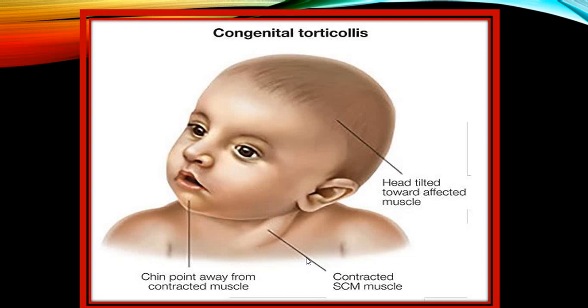It can be discovered in the first 6 to 8 weeks, and as we say, there is a mass which is firm, spindle shaped and located in the mid portion of the sternocleidomastoid muscle, and there is no inflammation or discoloration of the skin. And the treatment is gentle stretching to help relieve the tension, and surgery may be needed to correct the shortened muscle in special cases.